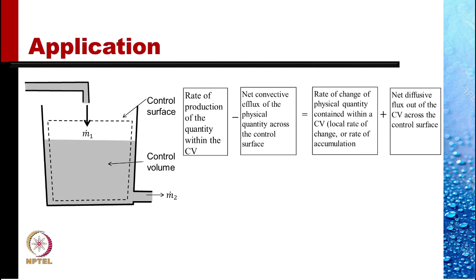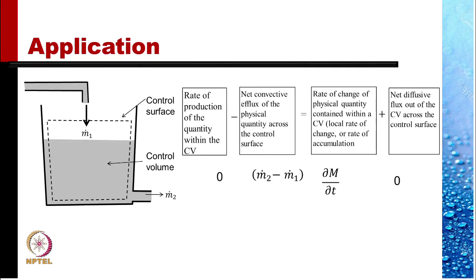The rate of production of the quantity within the control volume is obviously 0. Net convective flux of the physical quantity across the control surface is in association with the mass. So m1 dot is moving in, m2 dot is moving out. So m2 dot minus m1 dot is the net efflux.